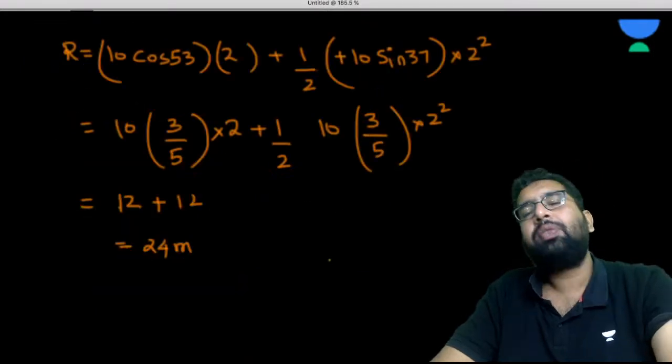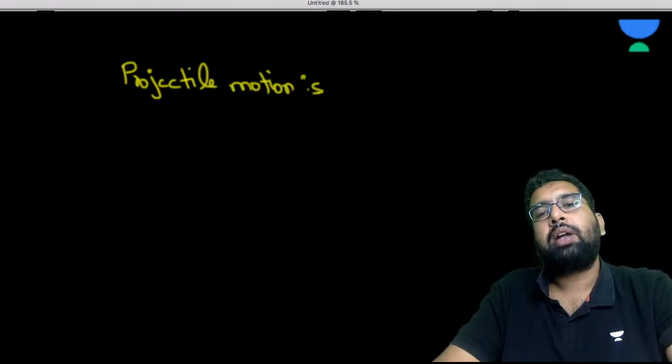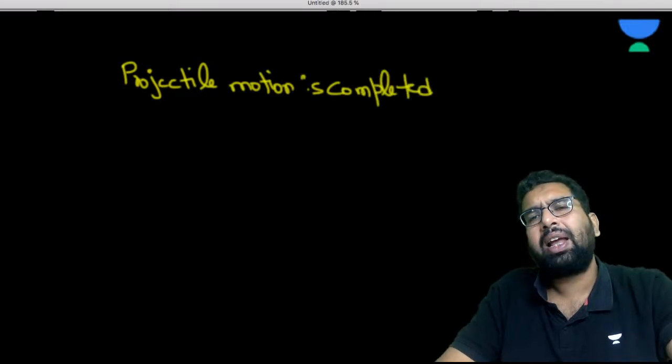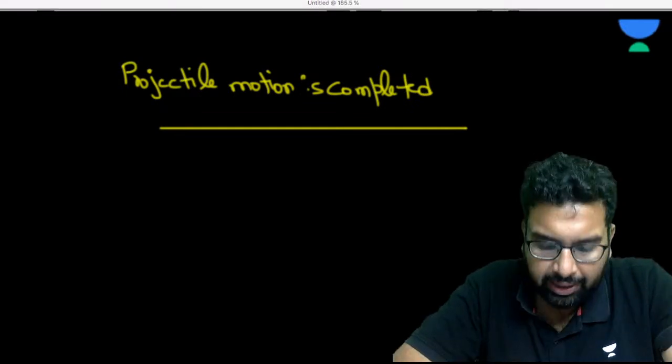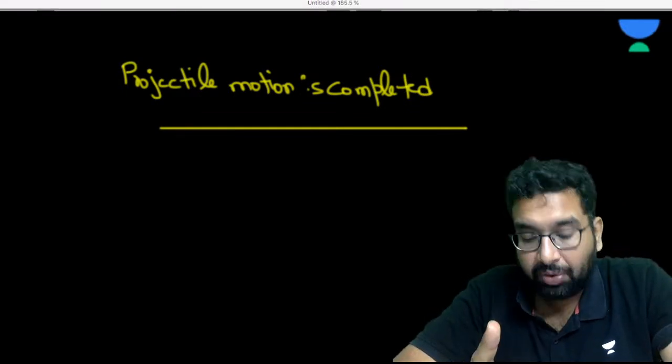So guys, with this, projectile motion is finished completely. In the next session, we are going to deal with the relative velocity in 2 dimension. We are again going to use these similar equations, the concept of vectors, and the concept of relative velocity.